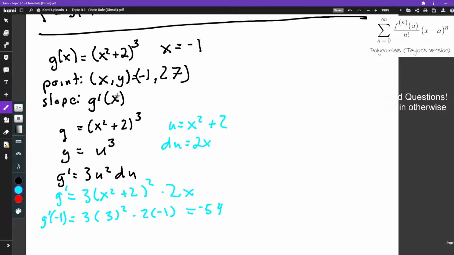So I have my slope, which is -54, and my point, and all I gotta do is point slope form. y minus y equals slope -54 times x minus x.